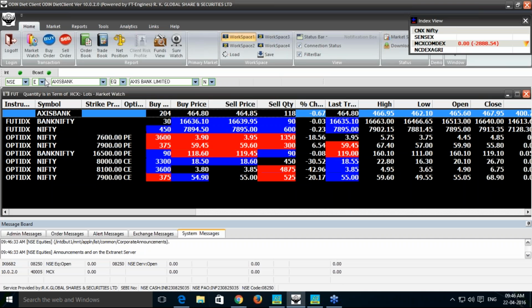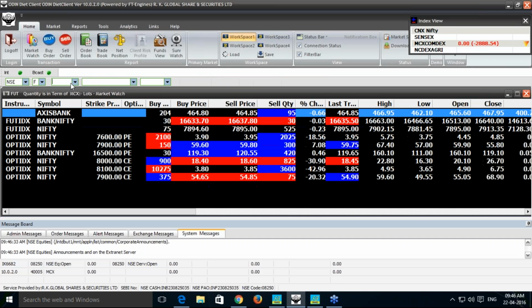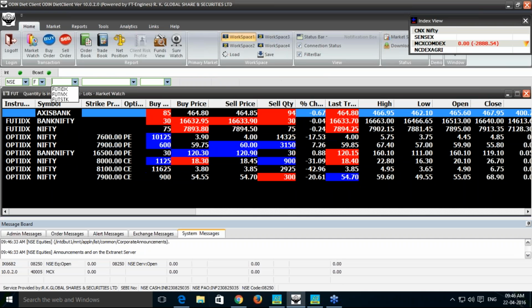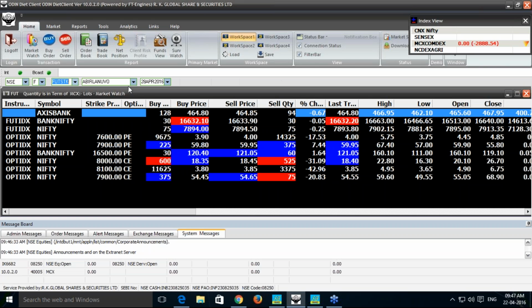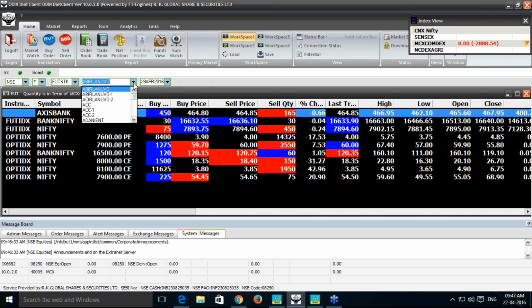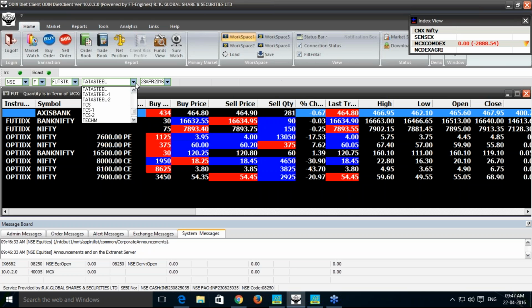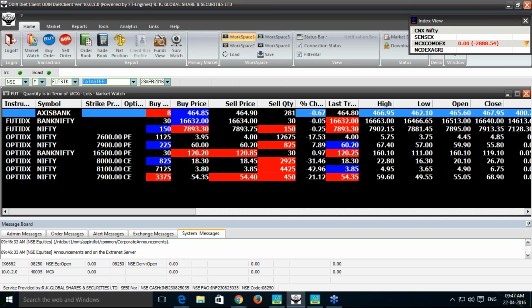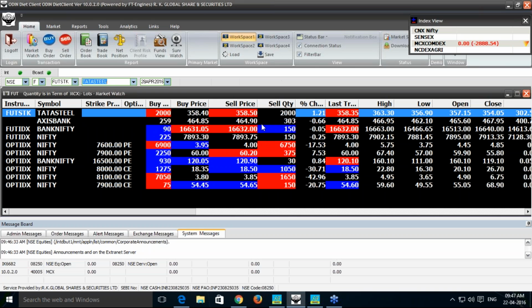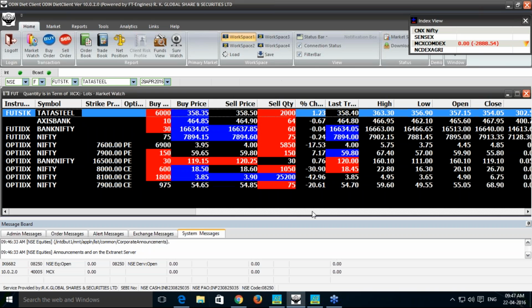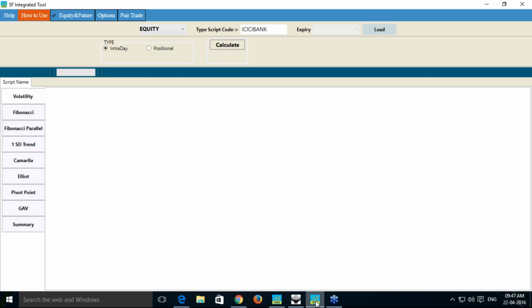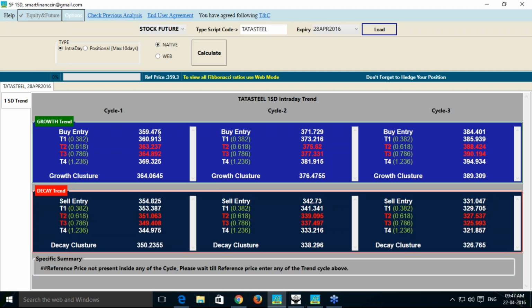So the future of Tata Steel, let me check it, future stock and Tata Steel. This is the Tata Steel future I have taken here. So Axis 64.85, look into that. 58.60 now, 59.4, 54 points are there.